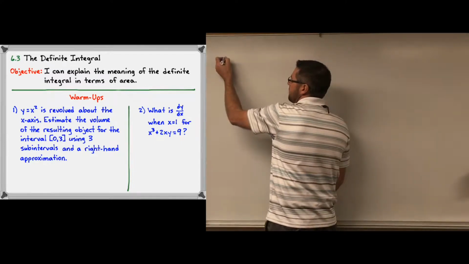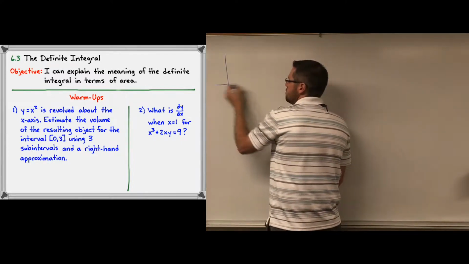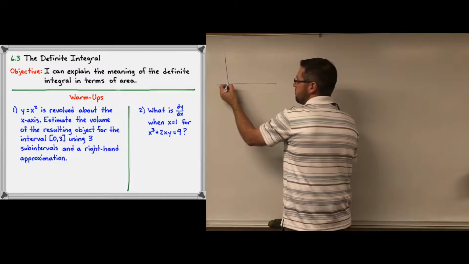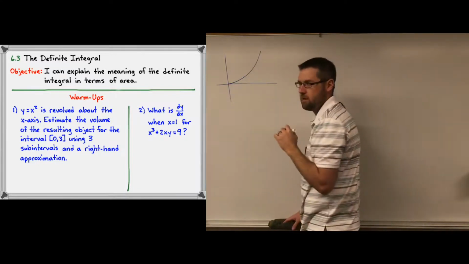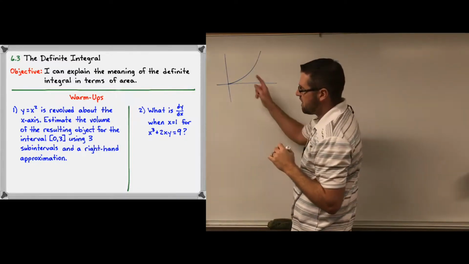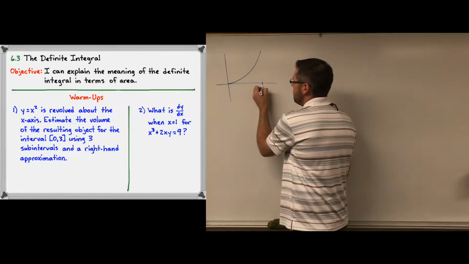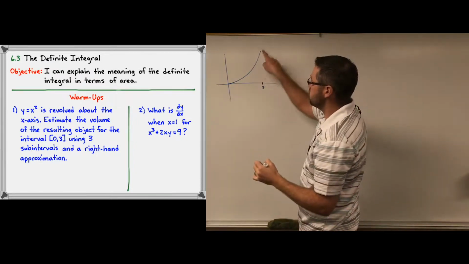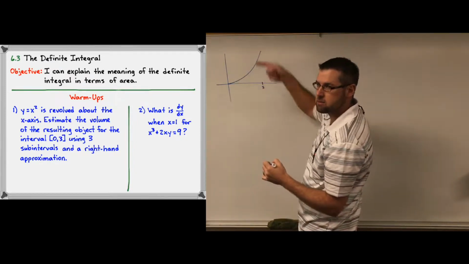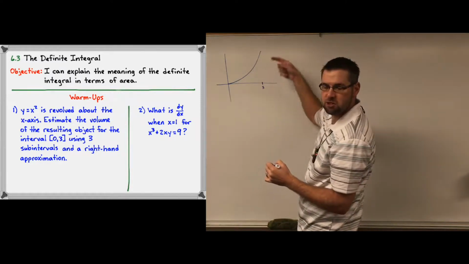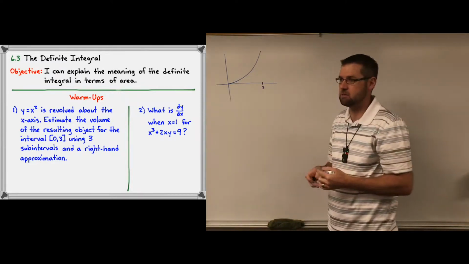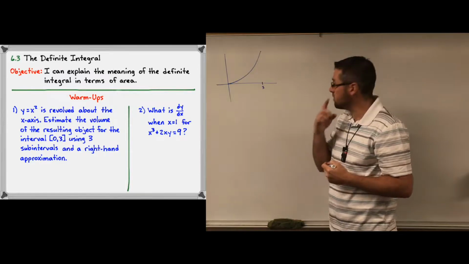So you have y equals x squared, which is a parabola, right? We're taking that parabola from 0 to 3, and we're revolving this curve around the x-axis. Can you visualize the shape that it makes? A raindrop?